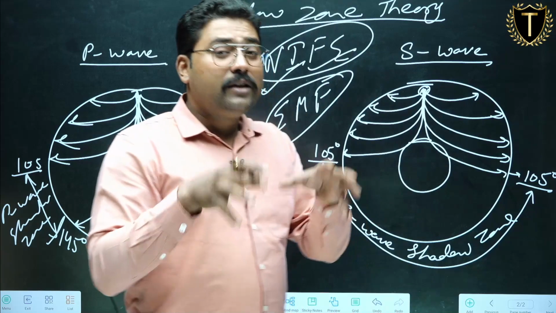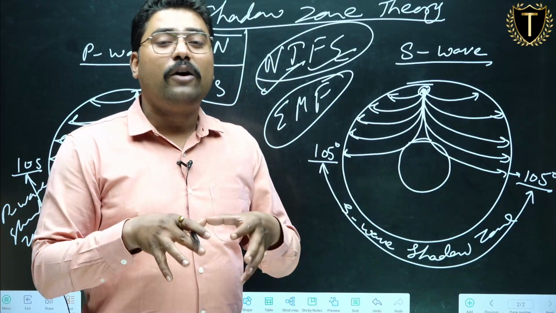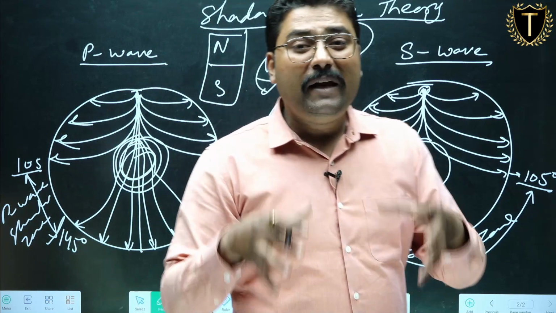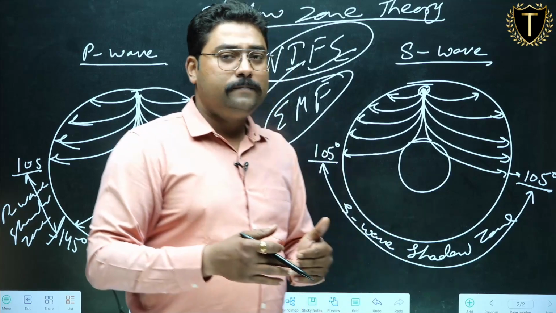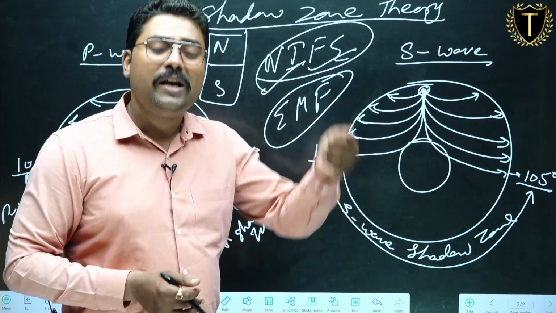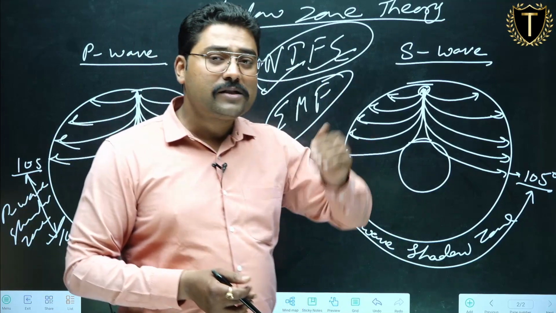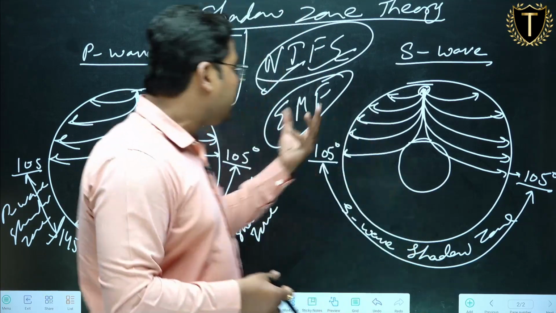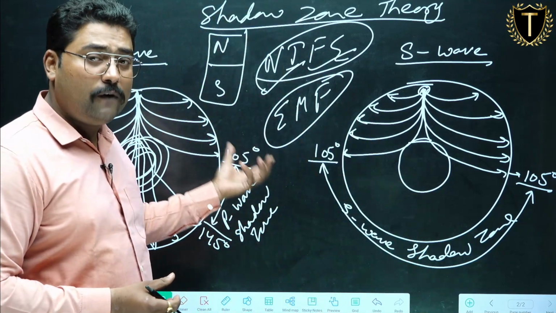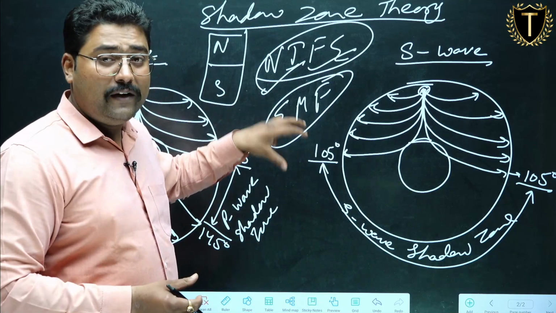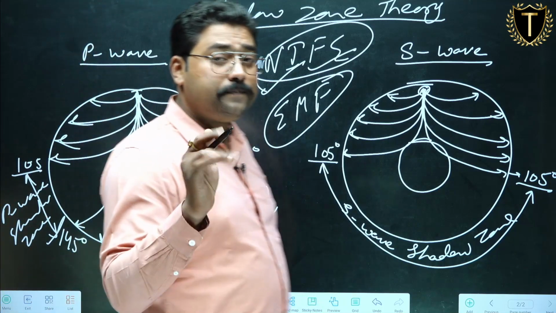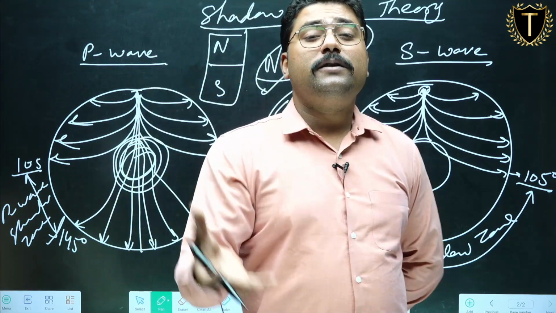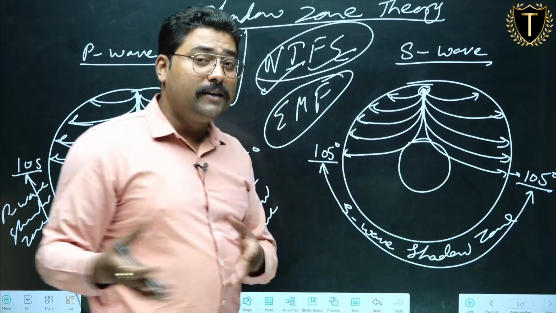Presently the magnetism of the Earth is in reverse polarity, meaning the geographical north is our magnetic south and the geographical south is our magnetic north. So in this way the electromagnetic field is formed, and as I told you, it is used by birds and animals to determine direction.